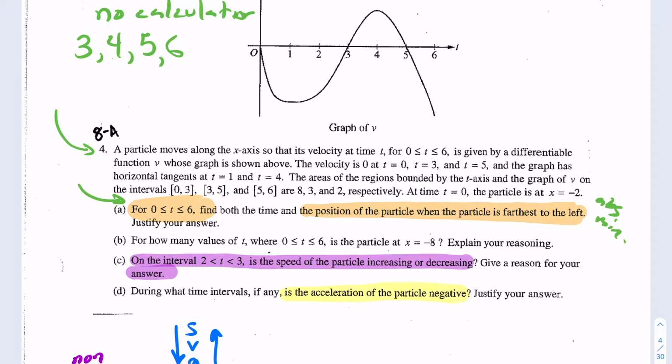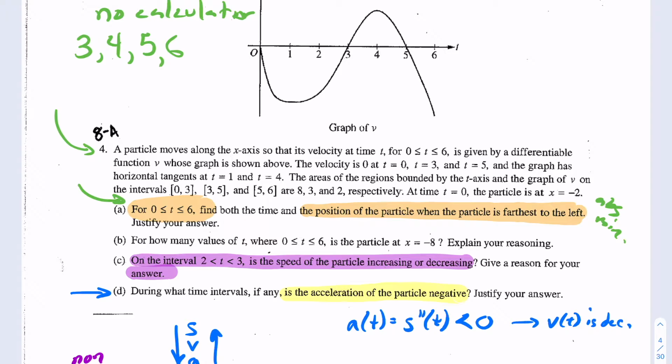In part D here, you'll notice that it says during what time intervals, if any, is the acceleration of the particle negative. So you have to remember graph analysis. When acceleration or the second derivative is negative, that implies that velocity is decreasing. The first derivative is decreasing.